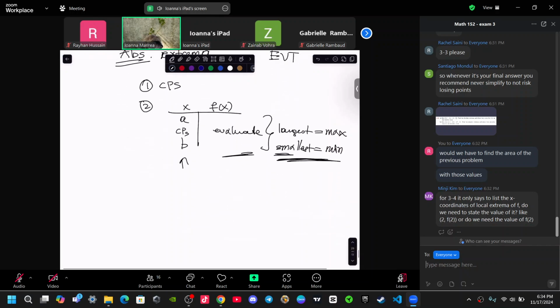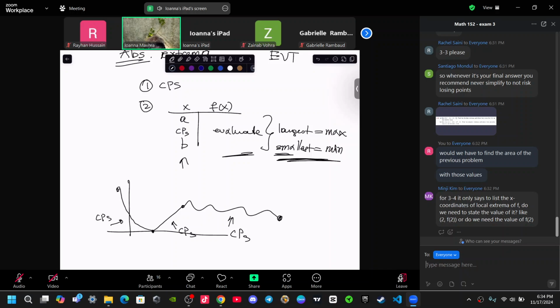For example, if I had a function that looked like this, part of a parabola, and then became a line, and then became something else, I would put any critical points that this part gives me, and any critical points that this part gives me. I will put the endpoints, that x and that x, but I will also put those x's, this one and this one, the ones where things break up.